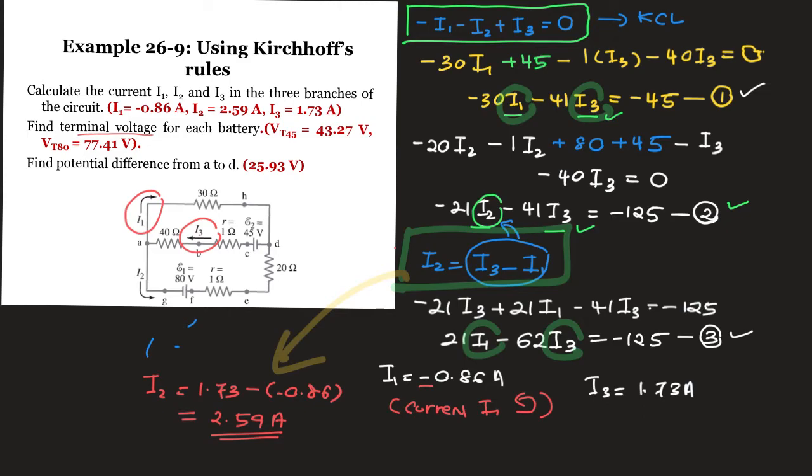The next question is to find the terminal voltage for each battery. You can see that the batteries here are 45 volt and 80 volt.